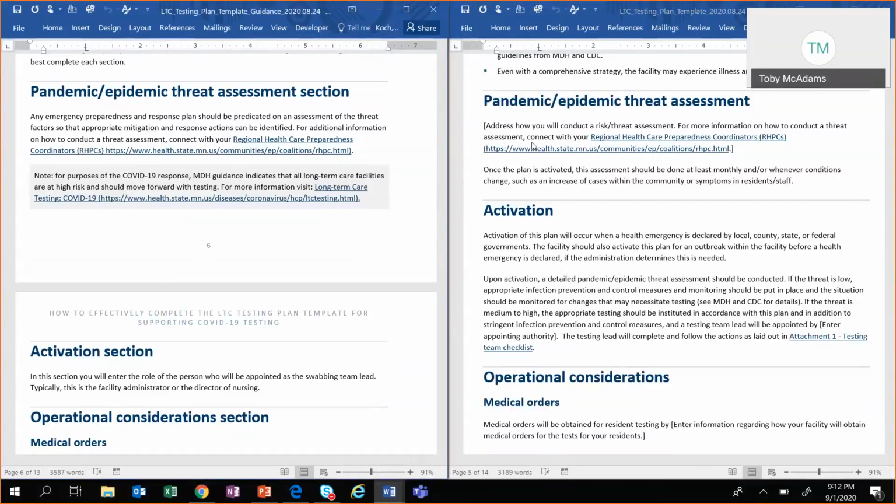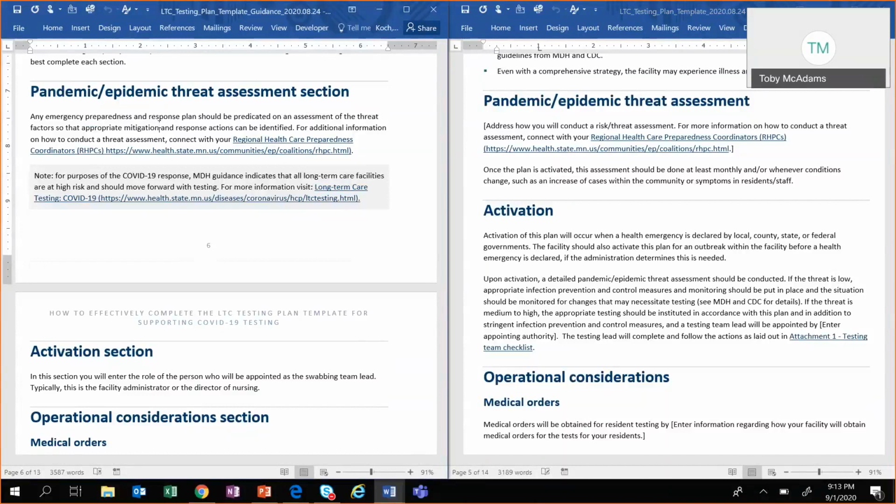On the left-hand side, you're going to see some information specific to COVID, and you're going to find that throughout the whole document. That is the beauty of this guidance: it allows us to personalize the instructions and recommendations based on the current disaster, the current response that we're in. So in the future, if and when we have another infectious disease response, we would do very similar.